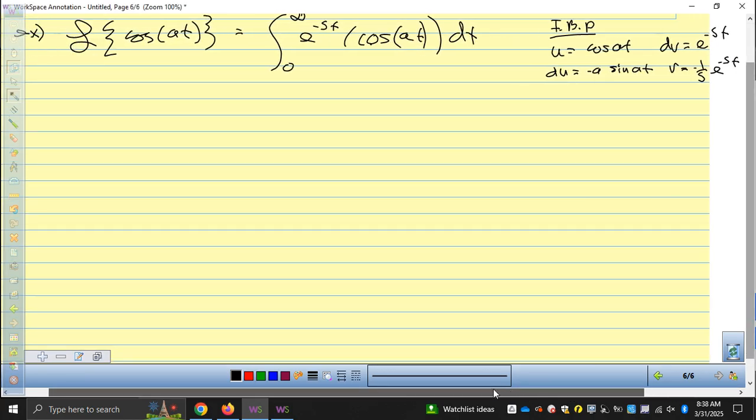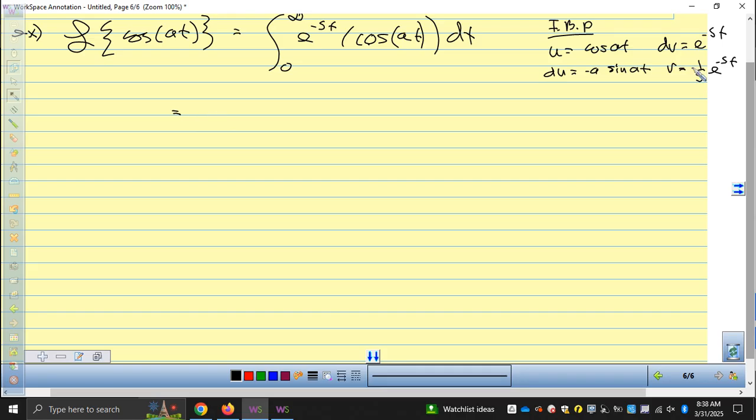So for our integration by parts, this is going to equal the limit as b approaches infinity of u times v, negative 1 over s, e to the minus st cosine at, and we're evaluating that from 0 to b, minus the integral of v du.